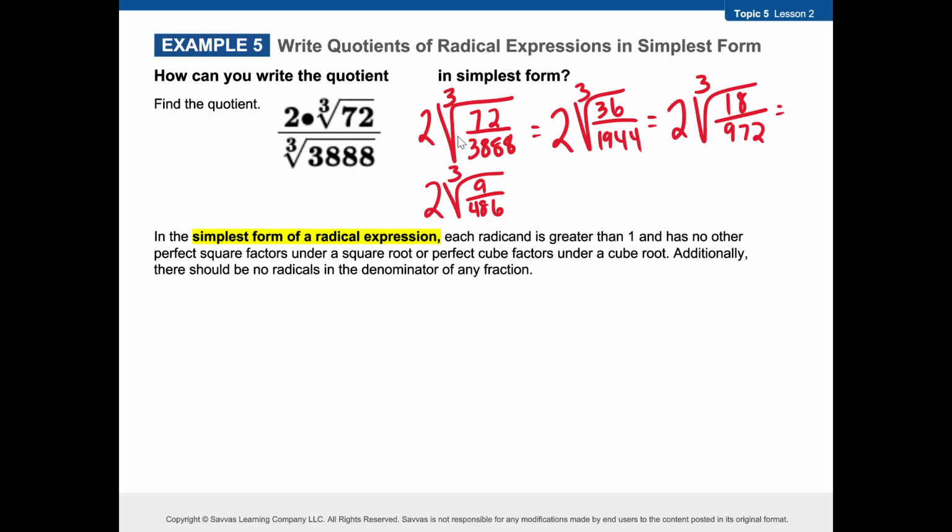I can divide by 2 again. Can this be divisible by 3? Ooh, 9, this. Now I can divide by 3, and that turns into a 3 over 162. And I can then divide by 3 again. So basically, 3,888 divided by 72 would have been 54.